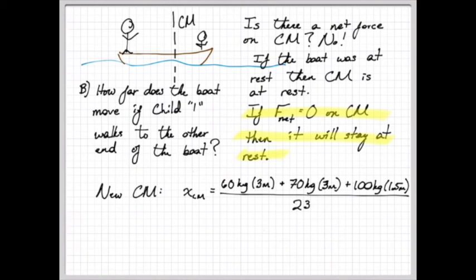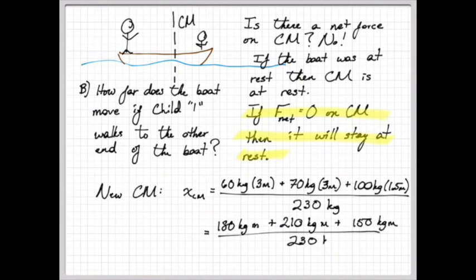So now we solve for the new center of mass, and let's see, this is the one I was thinking of earlier. So 180 plus 210 plus 150 divided by 230 gives us a new center of mass of 2.35 meters. So let's draw that on the boat.